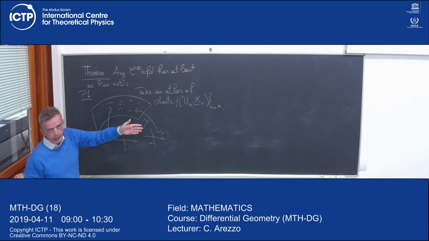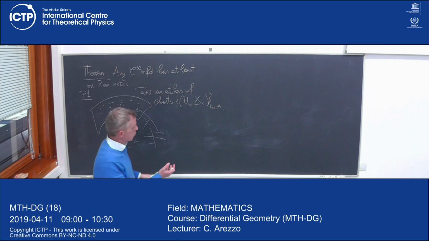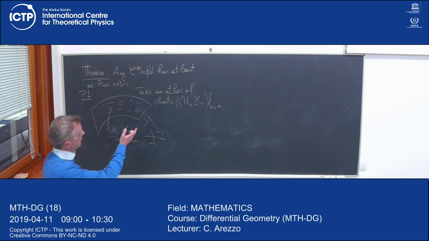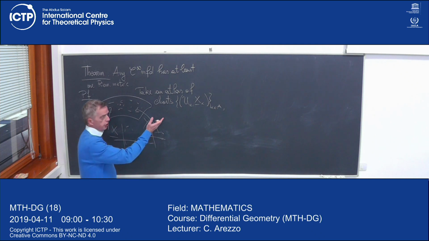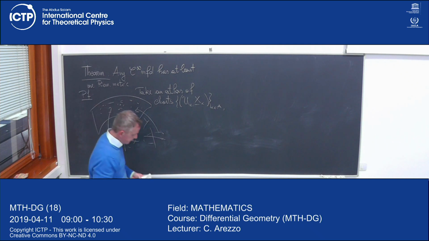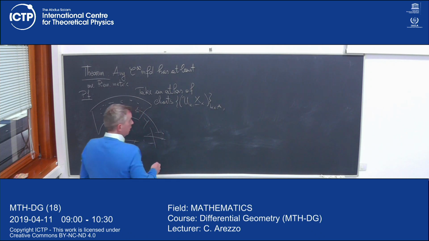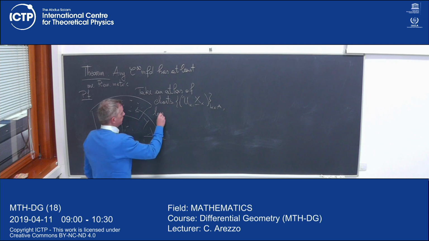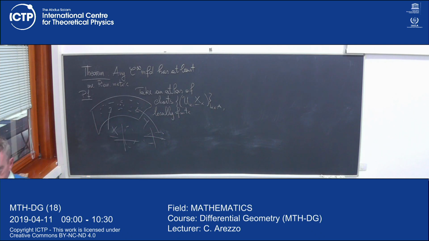But that's actually why I bothered you for 10 minutes with the partition of unity. So suppose in fact that this atlas is in a position to apply the partition of unity theorem. What does it mean to be in that position? It's locally finite, so that for any point I have only a finite number of them.